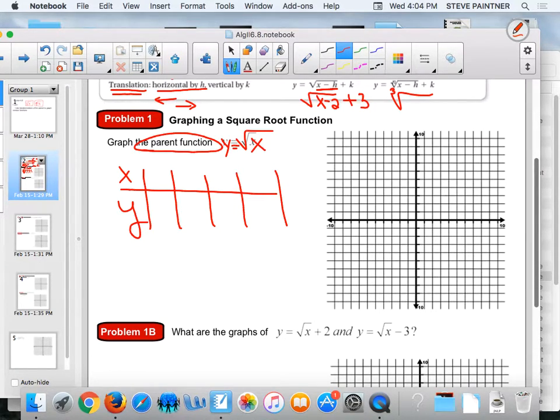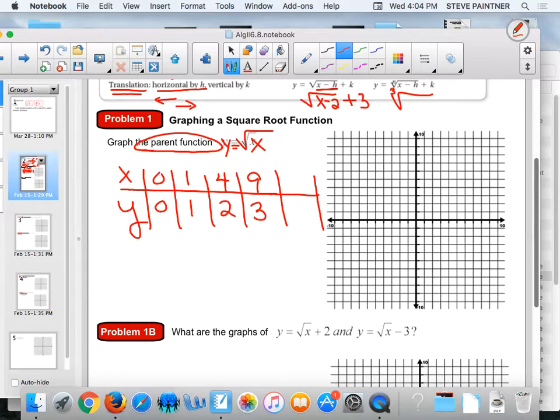All right, easy number to plug in, 0. Another easy number, 1. I could try 2, but I don't know the square root of 2. The next one I know is 4, then 9, 16, 25, but I'm going to go up to 9. Square root of 0, square root of 1, square root of 4, the square root of 9 is 3, and I can keep this going, but there's no need.